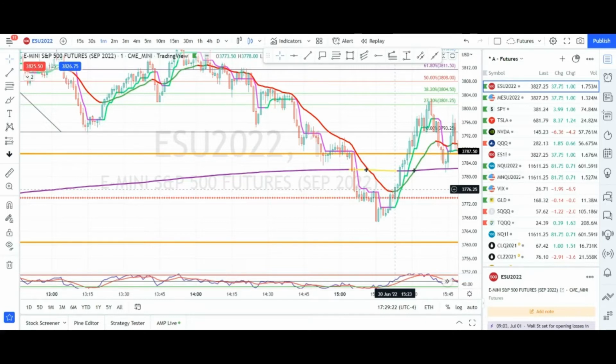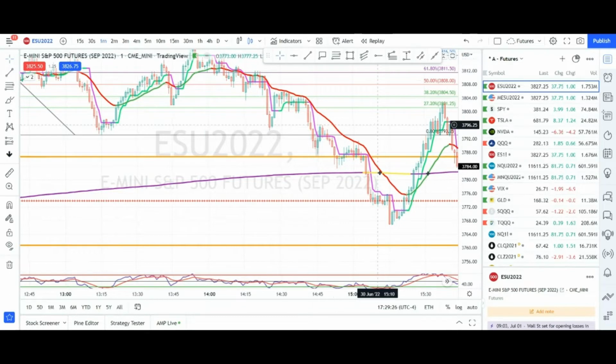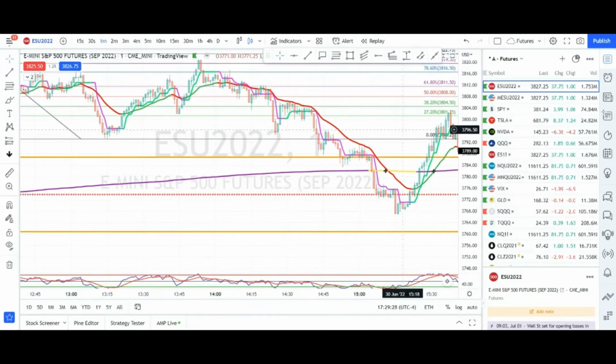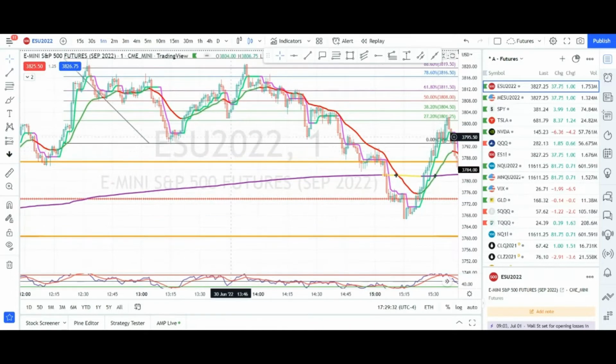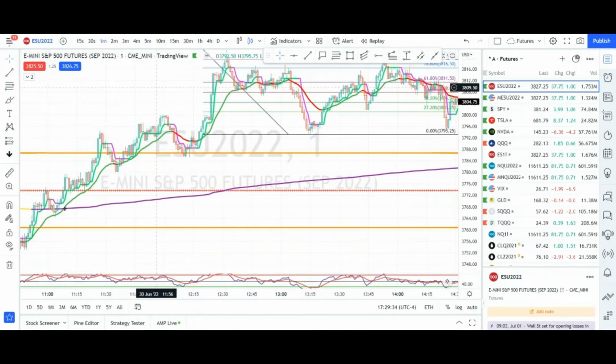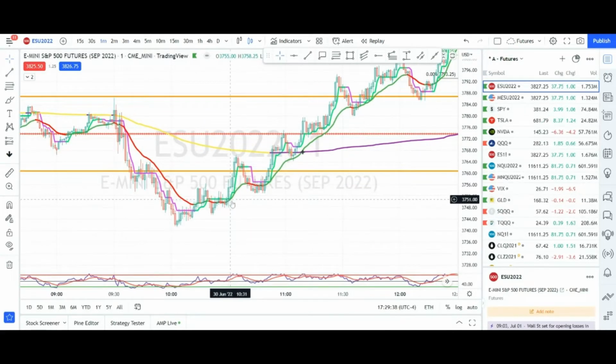3776. So that's 33 points, 33 points in one trade. So don't overtrade. It is showing me green here, very small, a smooth breakout, so you can go in the trade.